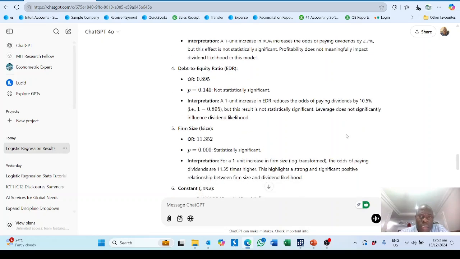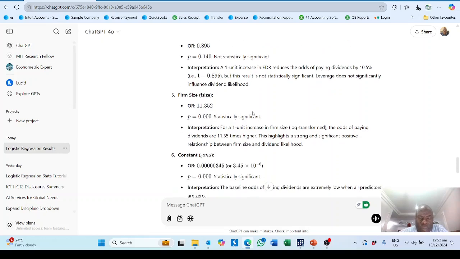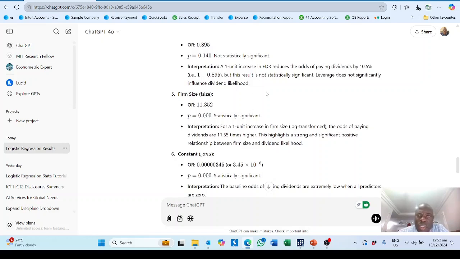We have the debt to equity ratio with an odds ratio of 0.895 and a p-value that is not statistically significant. Similarly, a 1 unit increase in equity debt ratio reduces the odds of paying dividends by 10.5%.